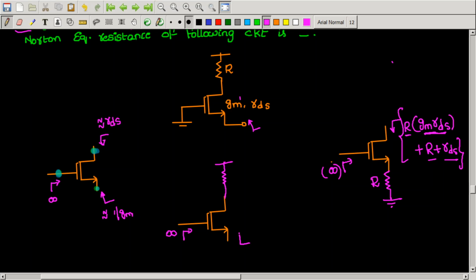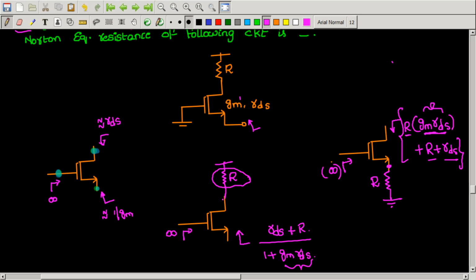And now when you are looking from the source, with the drain resistor also R, the answer will be RDS plus R by 1 plus GmRDS. You can see here the drain resistor is divided by the intrinsic gain of the MOSFET approximately, but in the other circuit the source resistor R is multiplied by the intrinsic gain GmRDS. So in this way you can remember this formula.